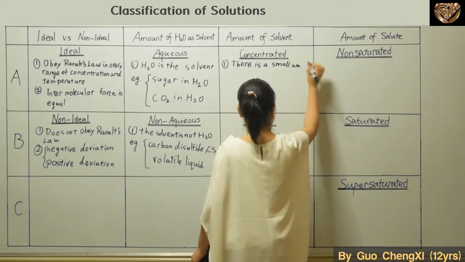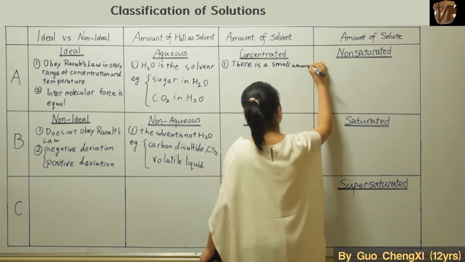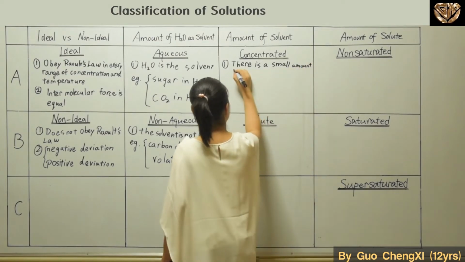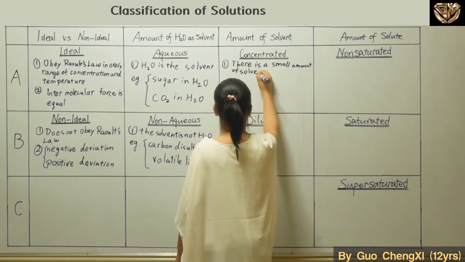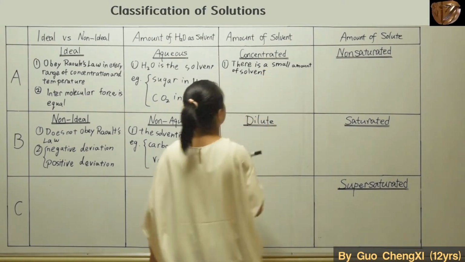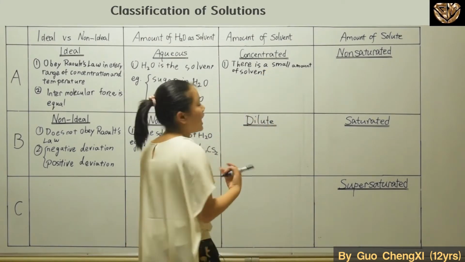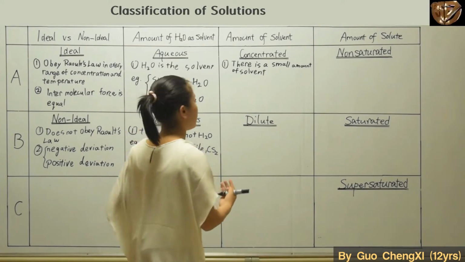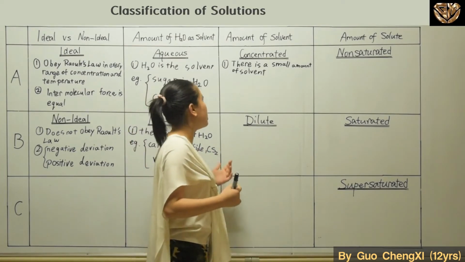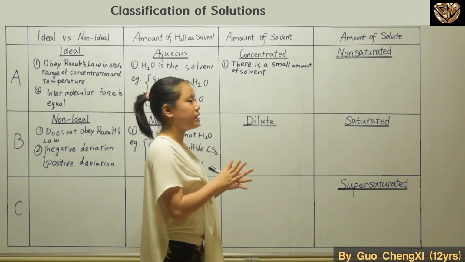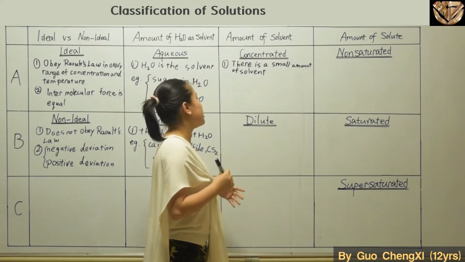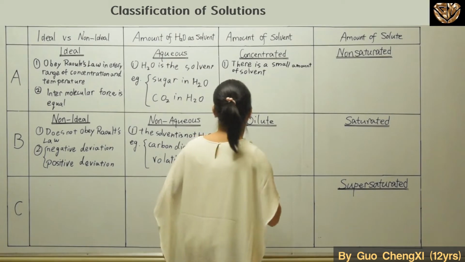Pretty obvious, or in other words, there is a large amount of solute. Both are pretty much the same thing, whereas small amount of solvent and large amount of solute, because when we're saying small amount, it's when you're comparing.